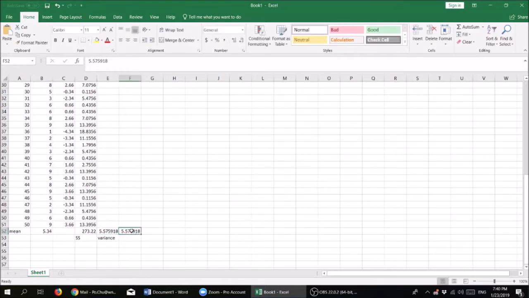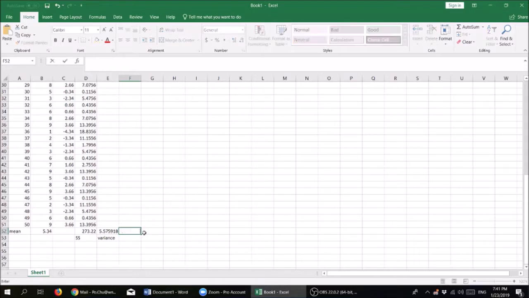If I see this is the variance, but I don't see your calculation, this is only a number. I also will take away points from you, because I need to know you know how to do this on Excel. So for variance, what you're supposed to do is do the calculation on Excel. Show me this function. If I see only the number while you were supposed to do the calculation, I will take away points from you.